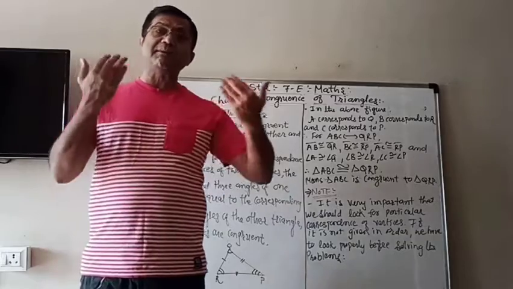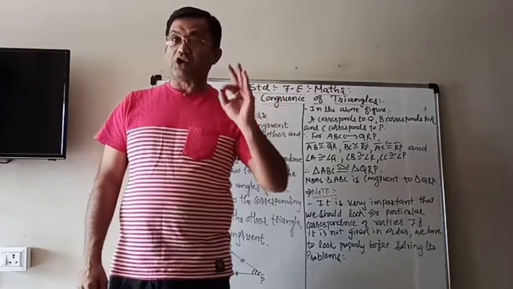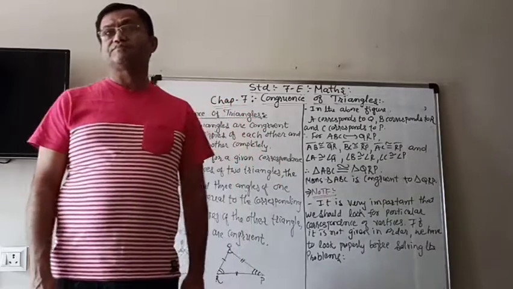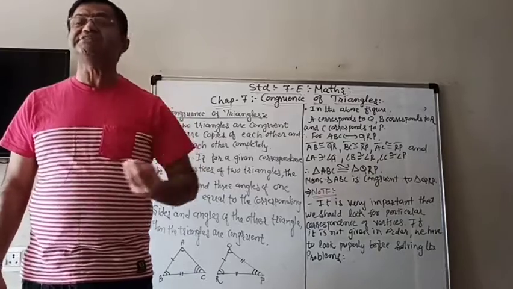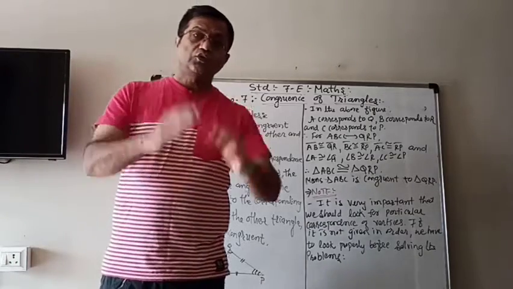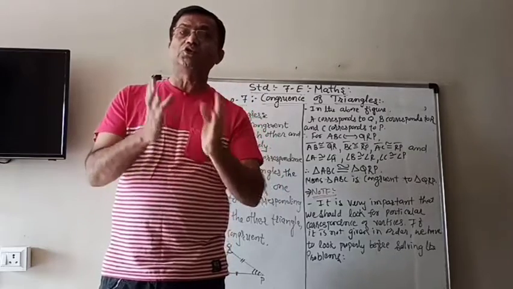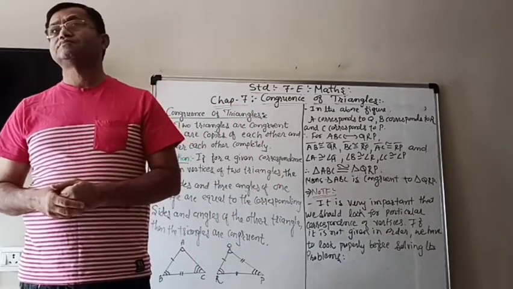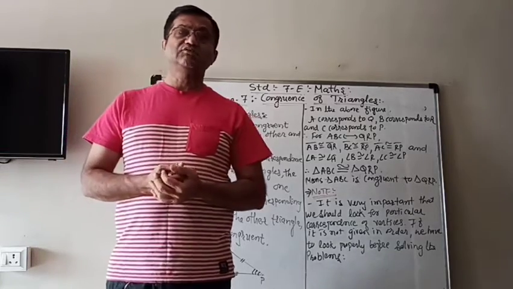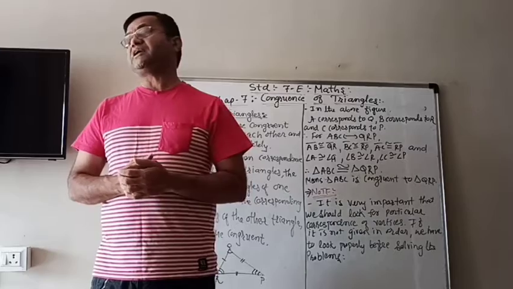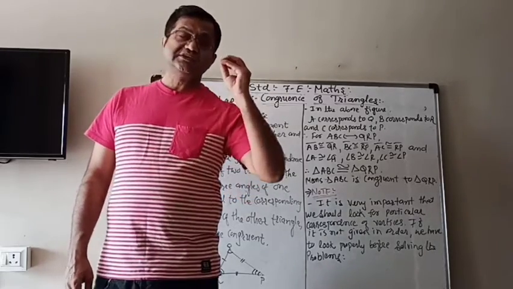Now we are coming to the main concept of this chapter, that is the congruence of triangles. For triangles, it is not so easy to check whether the given two triangles are congruent or not, because all triangles will have something different, and therefore we have to check properly.